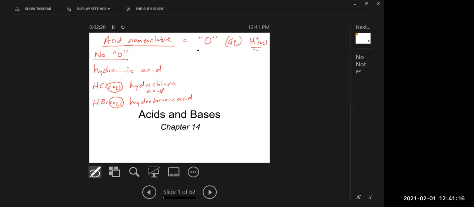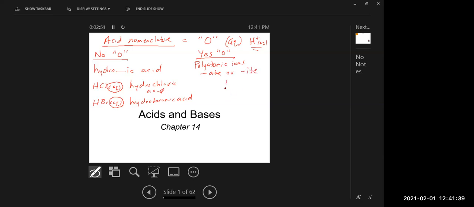Now, if my acid has oxygen, it's going to contain one of everybody's favorite things, right? One of those polyatomic ions. And if you remember those polyatomic ions, they end usually in ate or ite.